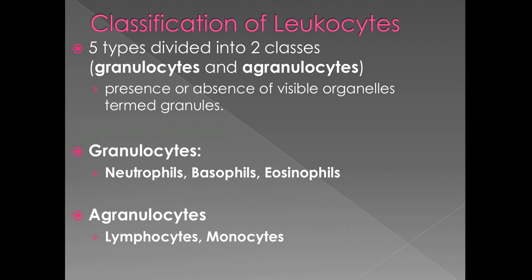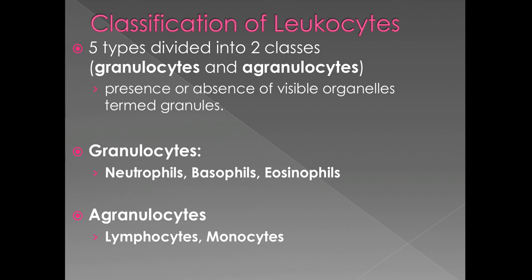Now, we classify leukocytes based on what we see underneath the microscope. So they're divided into two classes, granulocytes and agranulocytes. Granulocytes are white blood cells or leukocytes that we are able to see their organelles underneath the microscope, and they show up in these little granules inside of the cell cytoplasm.